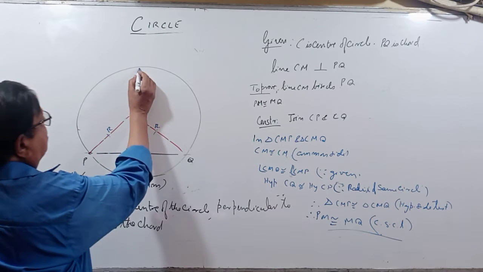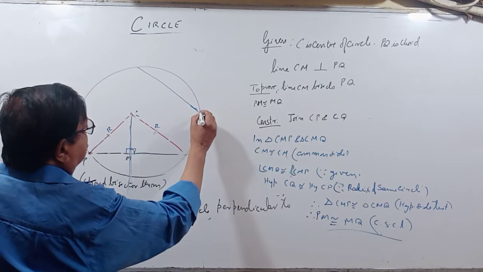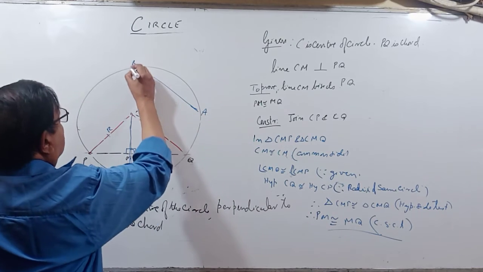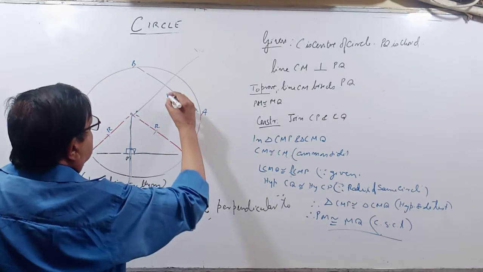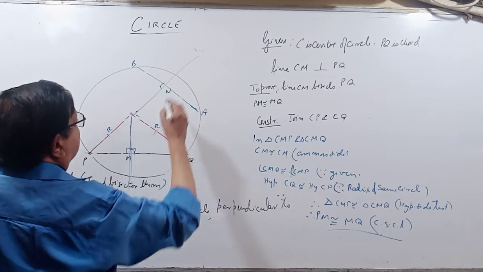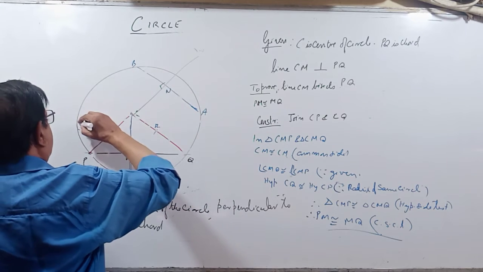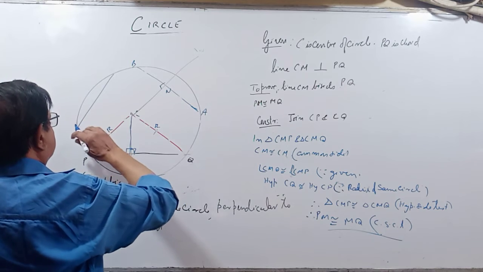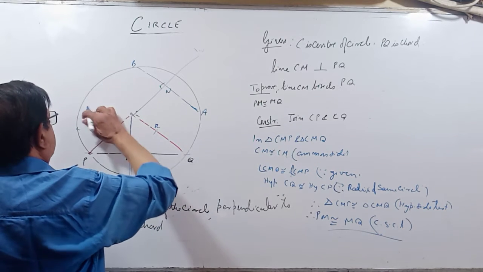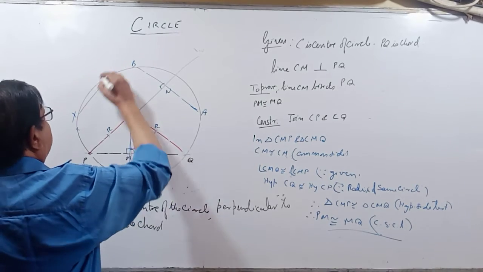Suppose I draw another chord here, let us call it AB. I want to draw a perpendicular from here to this. Then definitely AN congruent to BN. If I draw another chord here, let us take a smaller chord, whatever be the size of the chord, this is XY.